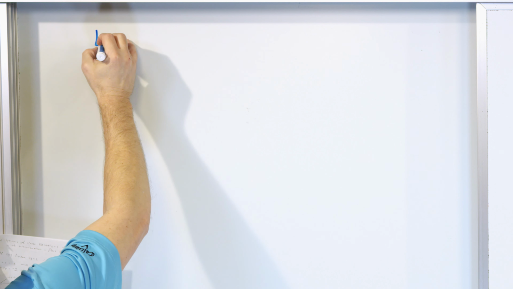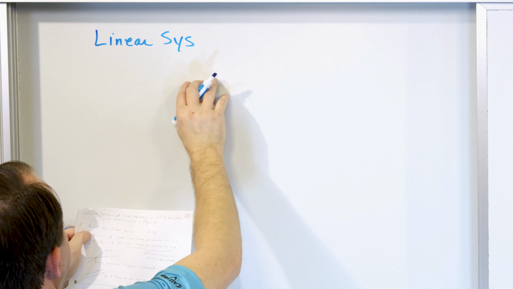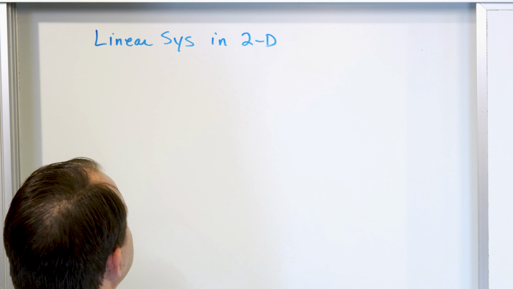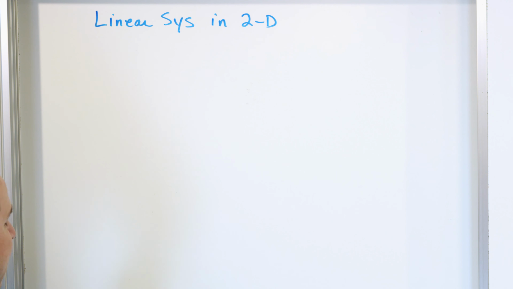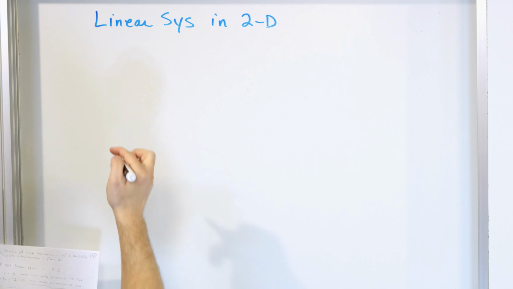So what we're going to do is talk about a system of equations in 2D. So we're going to call this a linear system. That's what SYS means. A linear system in two dimensions. Two dimensions means x and y, so they're basically going to be lines. Lines means linear. Okay. So what would an example system like that look like?